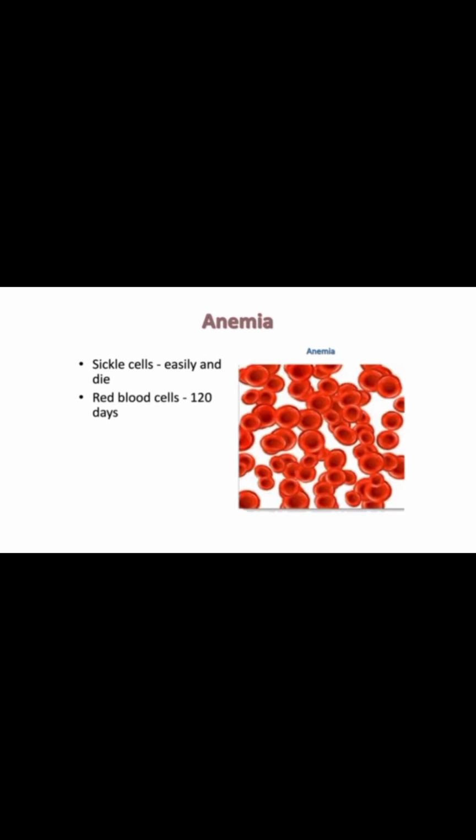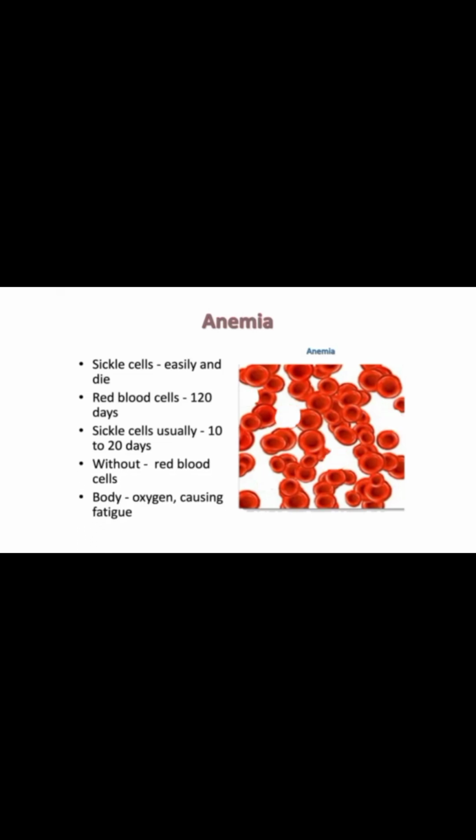Red blood cells usually live for about 120 days before they need to be replaced. But sickle cells usually die in 10 to 20 days, leaving a shortage of red blood cells leading to anemia. Without enough red blood cells, the body cannot get enough oxygen, causing fatigue.